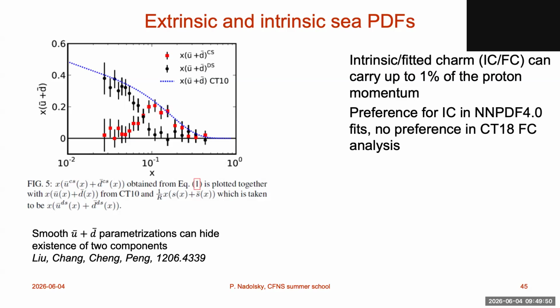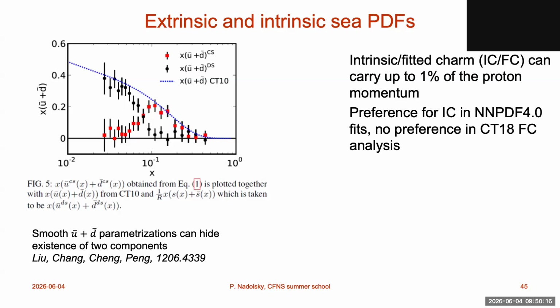And then there was another very extensive discussion recently about the magnitude of the possible intrinsic charm which can in principle be present in the PDFs. The long story short is that this is a pretty small contribution, and we still don't know with certainty whether there is intrinsic charm or not.